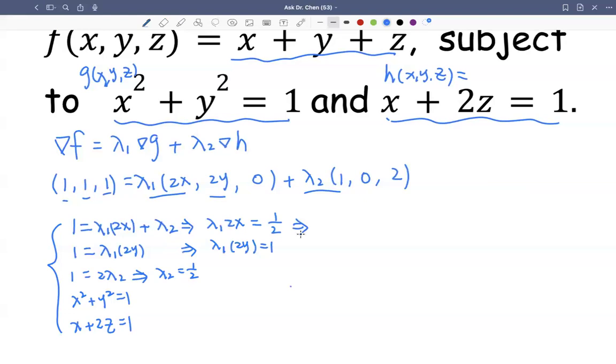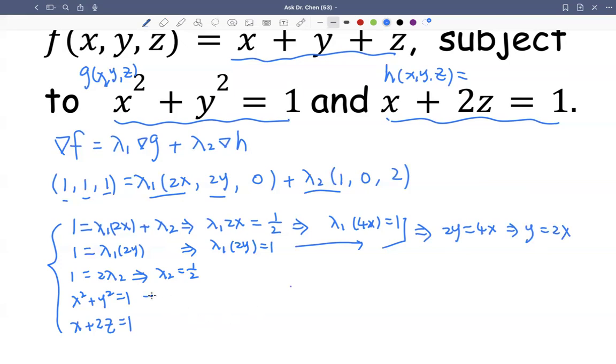If we rewrite the first equation, we get number 1 times 4x equals 1. These two give us the relationship between y and x: 2y equals 4x, which means y equals 2x.